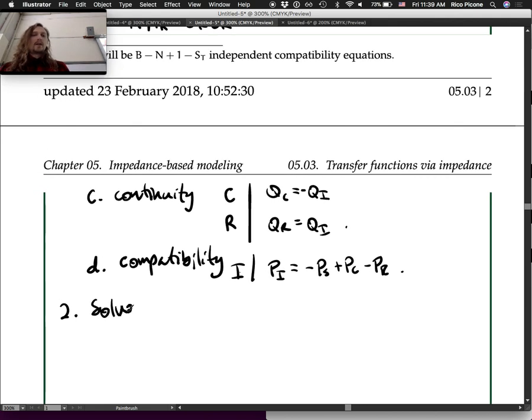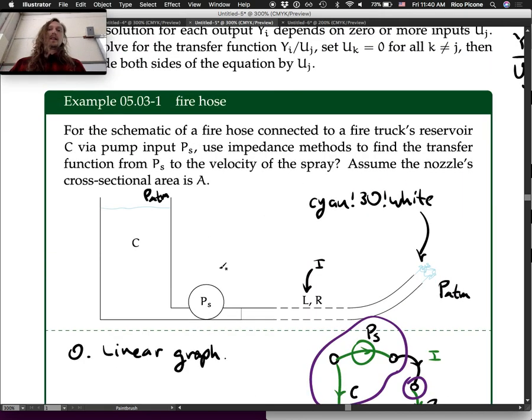Solve. Now, what we care about is the nozzle velocity, right? The velocity of this spray coming out of the nozzle. And I gave you the cross-sectional area, so what do we want to solve for to decide what the velocity of this fluid is going to be coming out the nozzle?